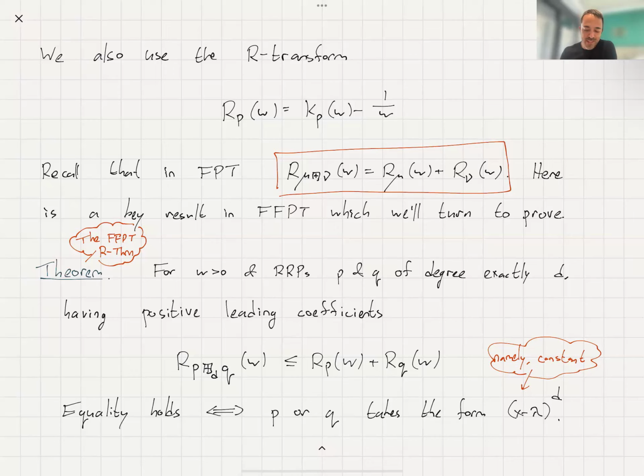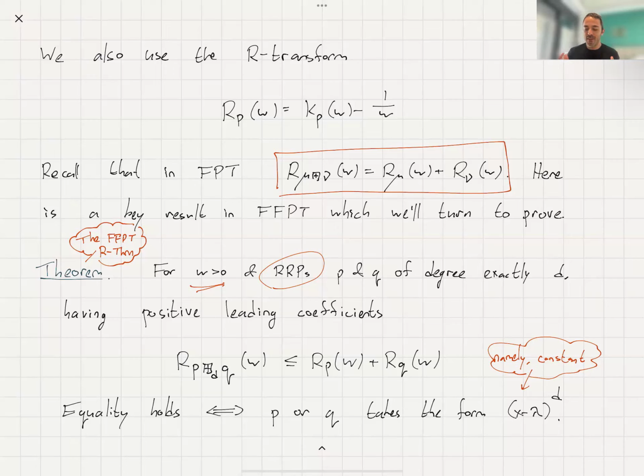So what the theorem tells us is that for any W larger than 0, you should think of it as this vertical line, that as it goes up, you get closer to the max root. And for any real-rooted polynomials, RRP, P and Q, let's take those to have degree exactly D and positive leading coefficients, so the Cauchy transform will look like we like it and not reversed.